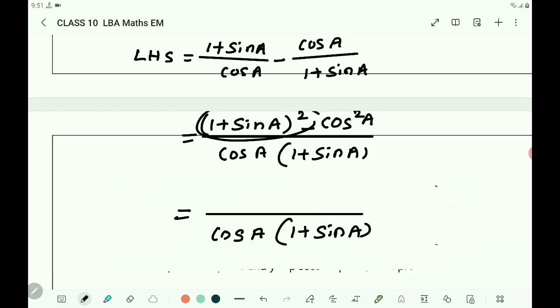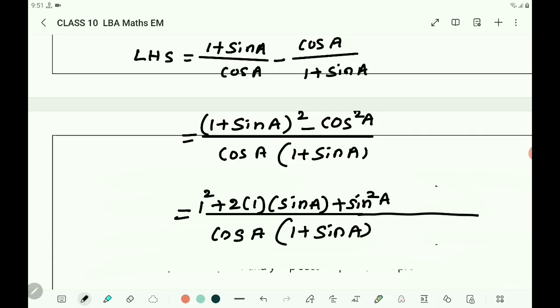Expand (1 + sin A) whole square by using the identity (A + B) whole square equals A square + 2AB + B square. A square is 1 square, plus 2AB is 2 into 1 into sin A, plus B square, B square is sin square A. And you write minus cos square A as it is.